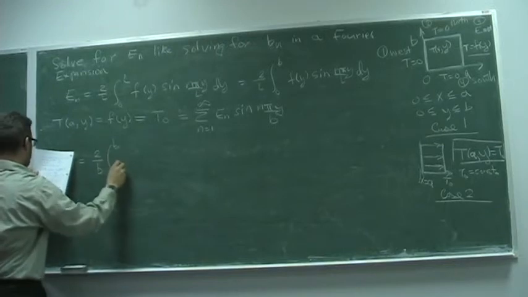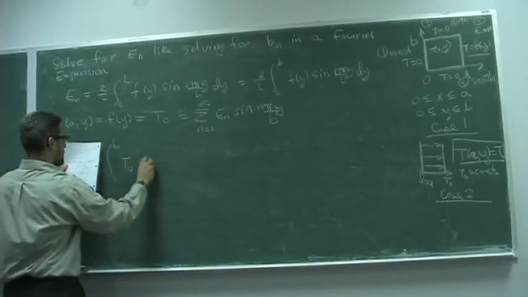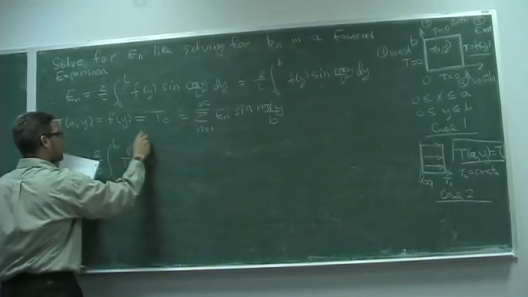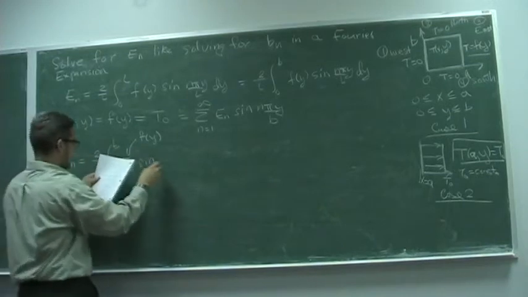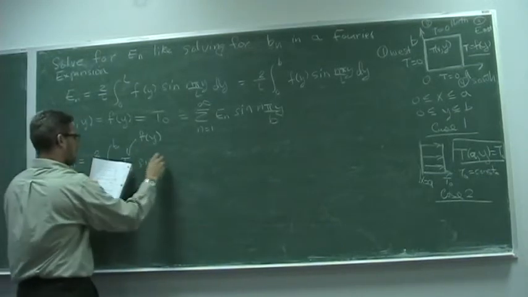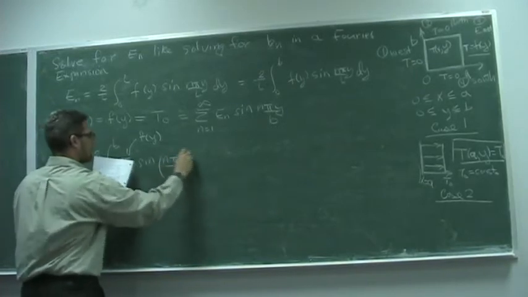So back to our integral equation, E sub n equals 2 over b, integral from 0 to b, T0, so I'm just substituting it in, here's the function of y, sine n pi y over b dy.